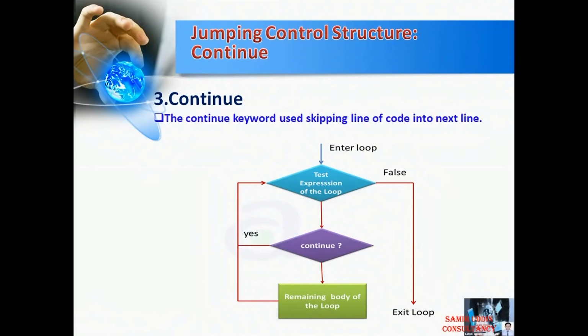The continue statement in C programming works somewhat like a break statement, but the only difference is that instead of forcing termination, it forces the next iteration of the loop to take place, skipping any code in between.